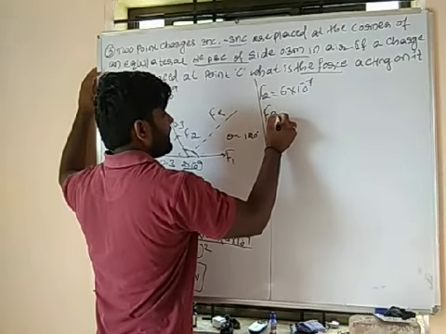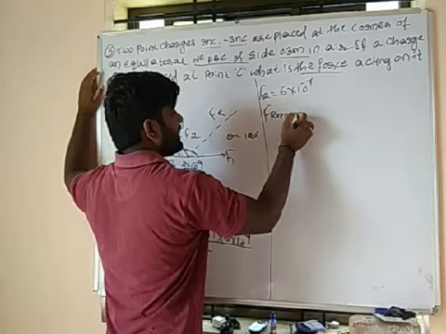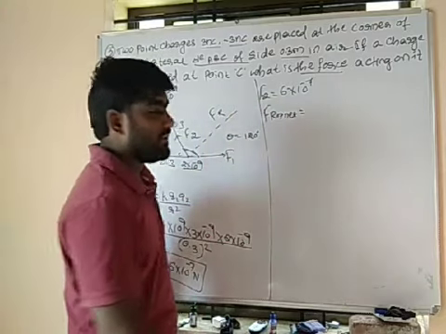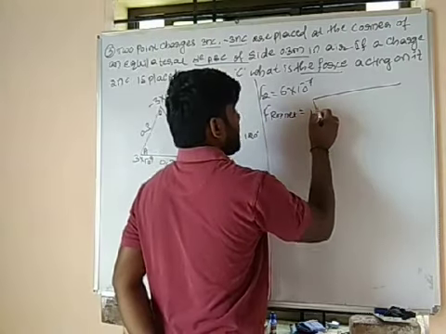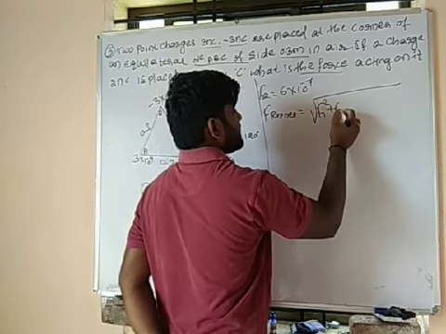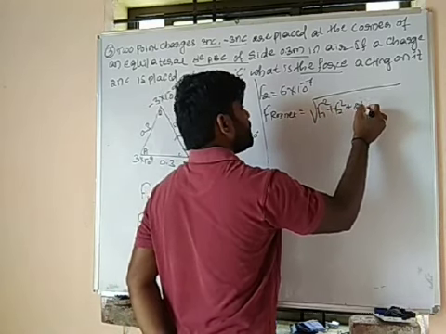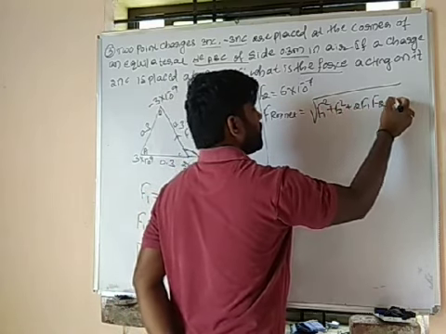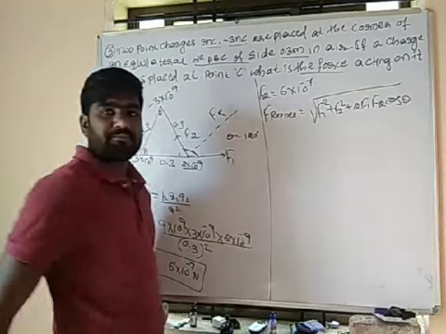So F resultant or F net is equal to, what should I write? Root of F1 square plus F2 square plus 2 F1 F2 cos theta.